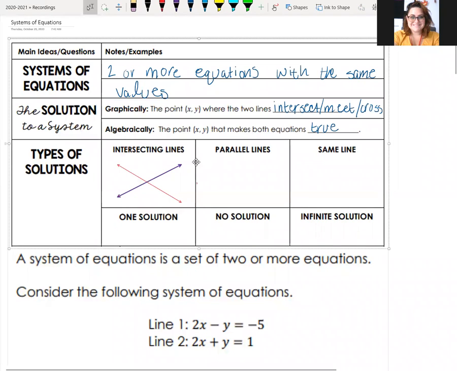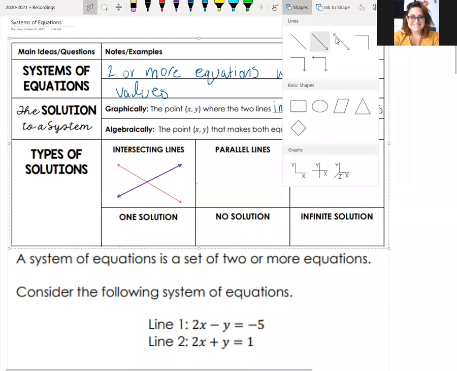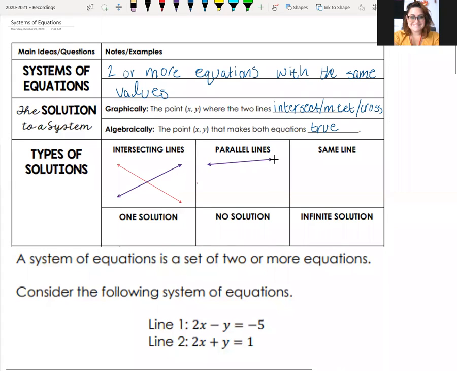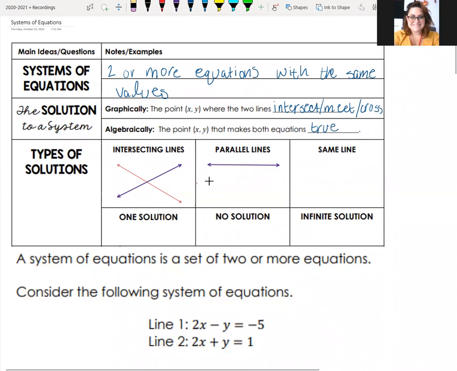Parallel, we know parallel means railroad tracks. So our parallel lines would look something like that. And the last one, same line, is just as it sounds.